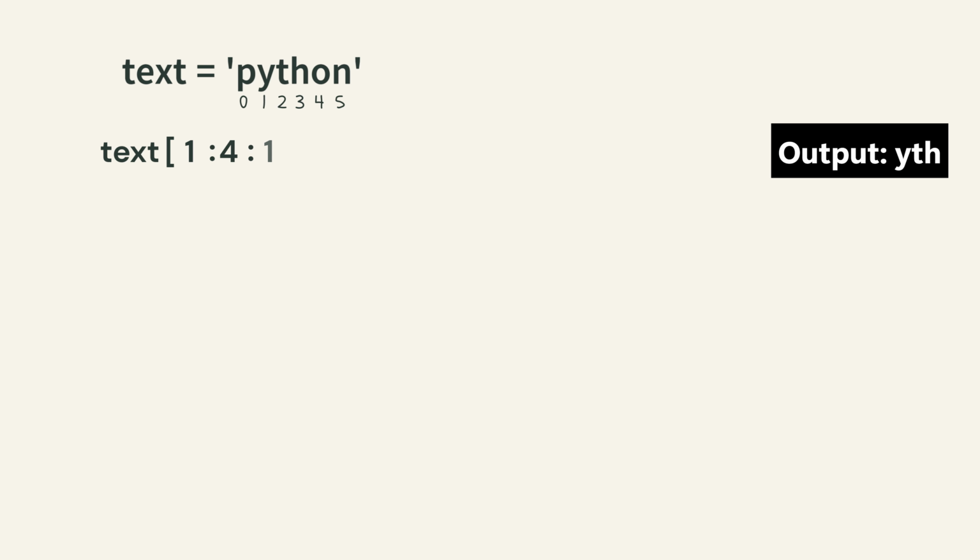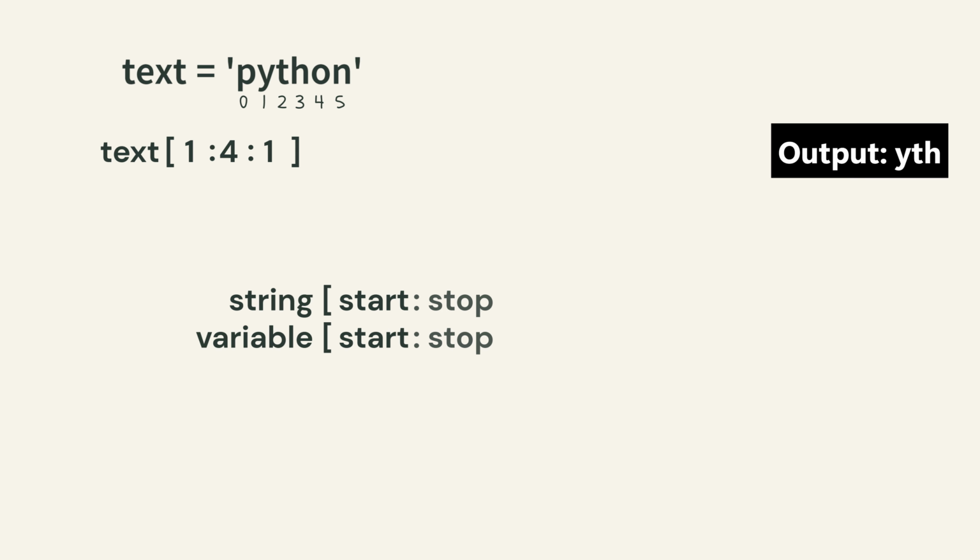You can write the 1 here, close the square brackets, hit the run button, and you would see the output YTH. We'll explore more of slicing with an example, but to give you the syntax, it should be the string or the variable under which you have stored the string, square brackets, start, colon, stop, colon, step.